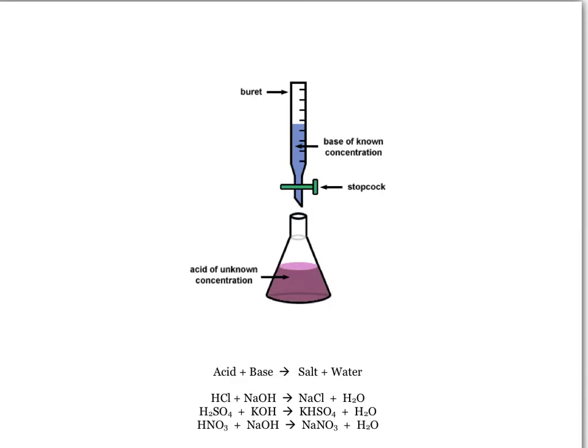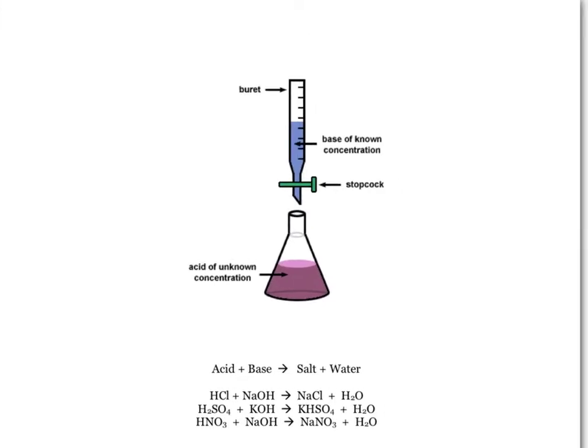This should look familiar to you if you've watched the video on proper titration techniques. You should be aware of the types of equipment that is used in a titration. We have a burette, and the burette is used for the known concentration. This is normally of the base, but know that it can be of the acid.